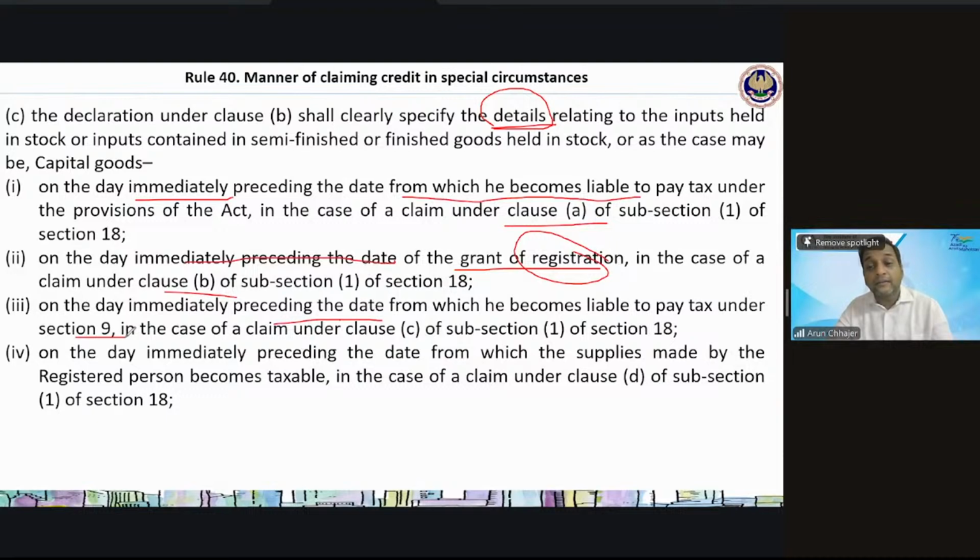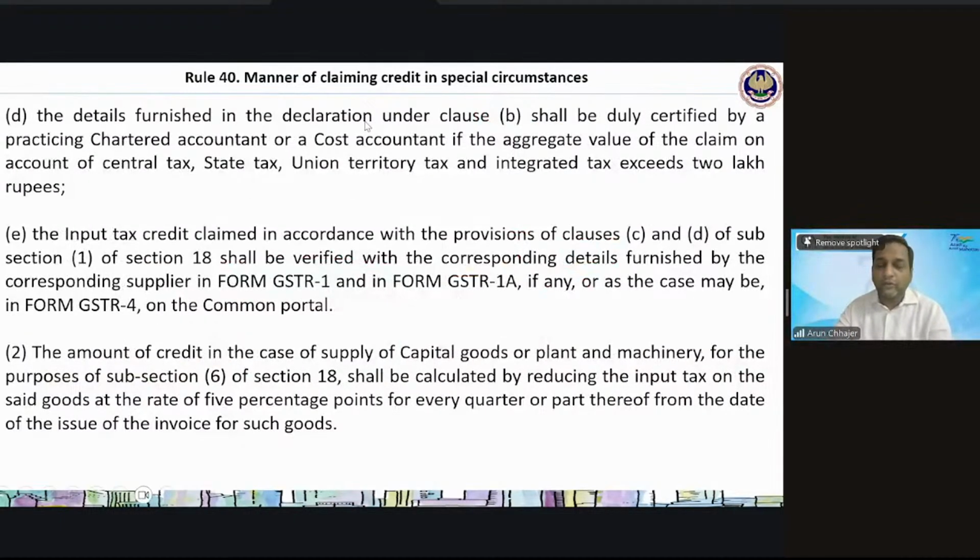And in clause D, exempt supply become taxable supply, immediately preceding the date from which the supply becomes taxable. Now, duly certified by a chartered accountant or practicing cost accountant if the aggregate is more than 2 lakh. The input tax credit claimed in accordance with C and D shall be verified with the corresponding details.